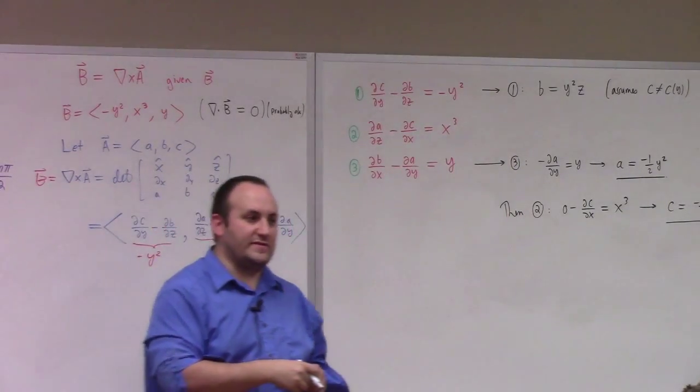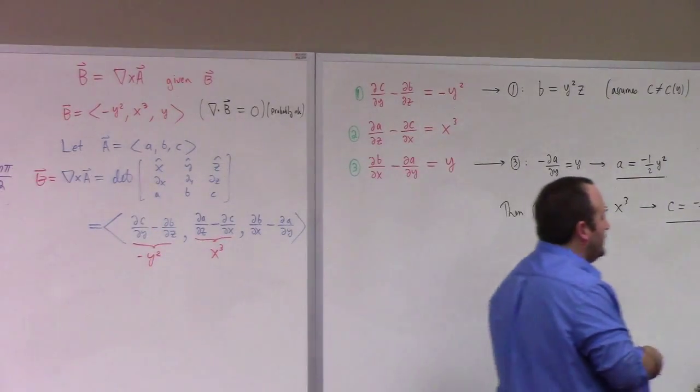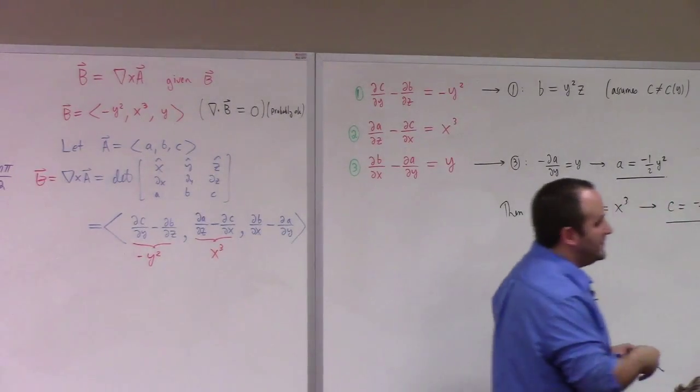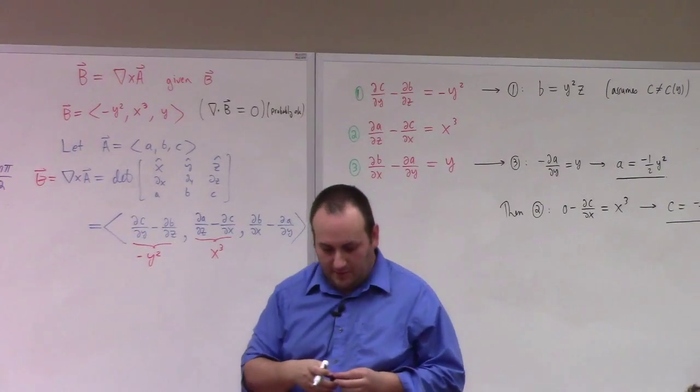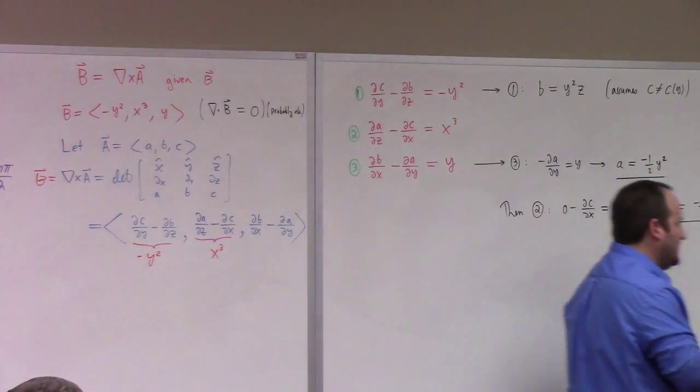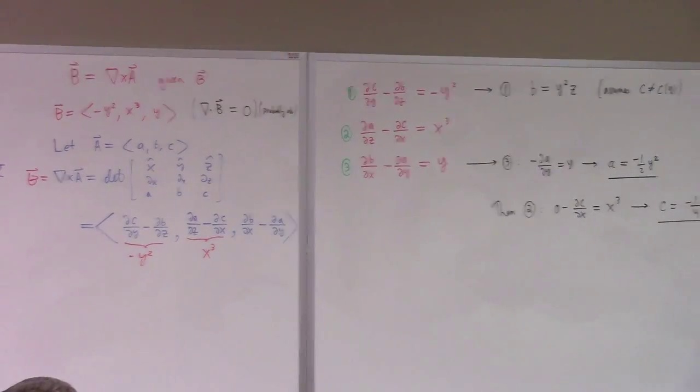A is a vector potential for B. Conceptually, B is a magnetic field. This vector potential is what comes from the existence of a moving current through something called Ampere's law. This is not even in the Physics 232 course, though, unfortunately.